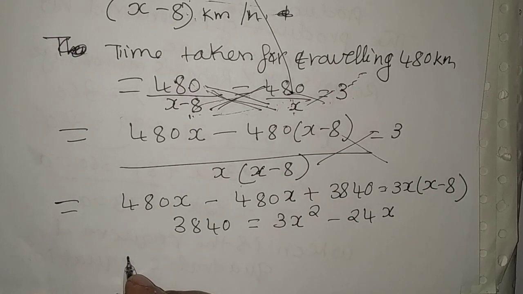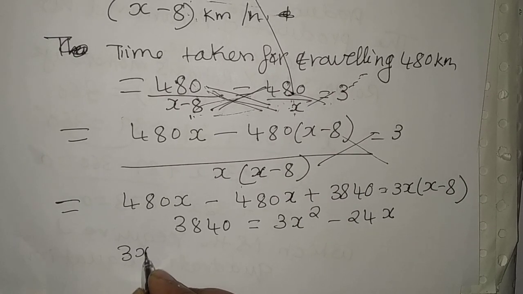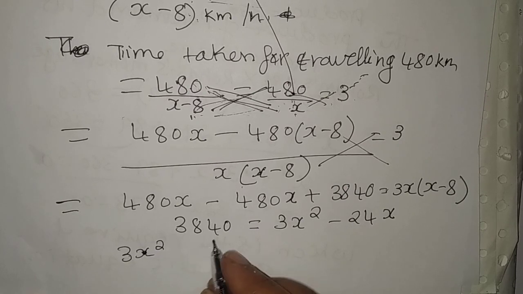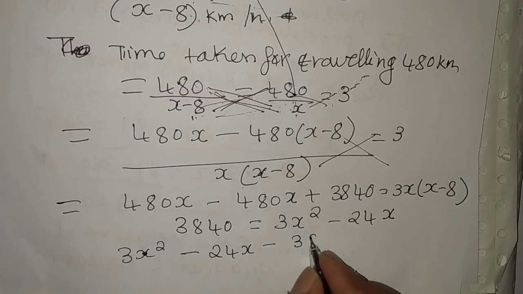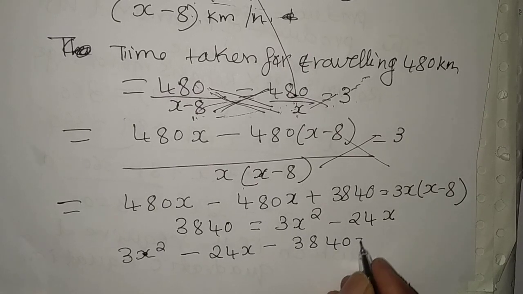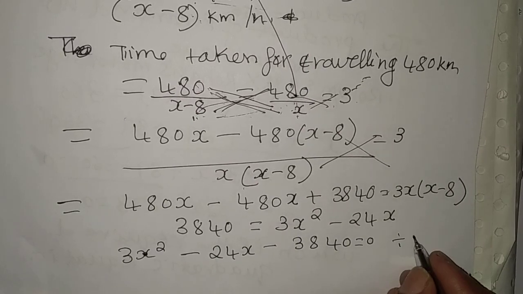Now write it in the correct quadratic equation form: 3x square minus 24x minus 3840 equals 0, then just divide by 3.